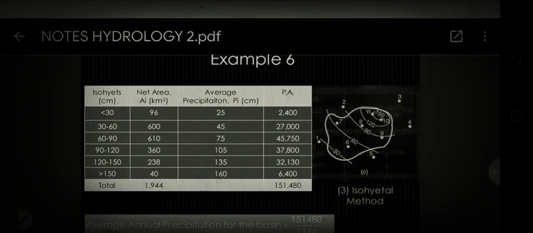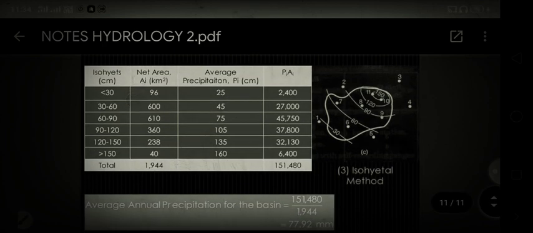Let's take another example, which will clear your views about the isohyetal method. Here you can see a figure and some given data, like isohyet less than 30 up to greater than 150. Net area in kilometer square is 96 up to 40. Average precipitation, that is Pi in centimeter, is 25 to 160. Pi into Ai, that is the weightage, is 2400 to 6400.